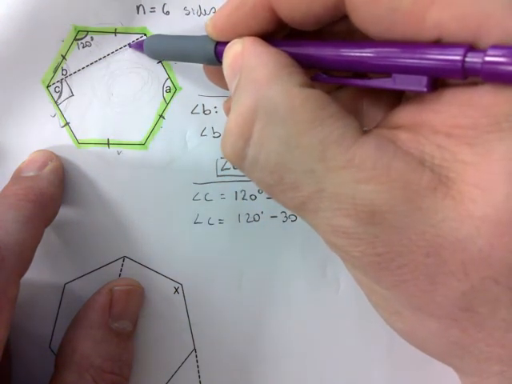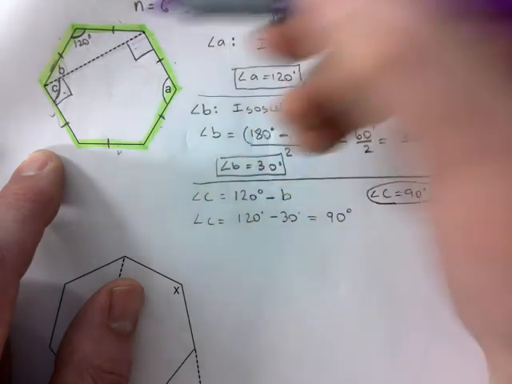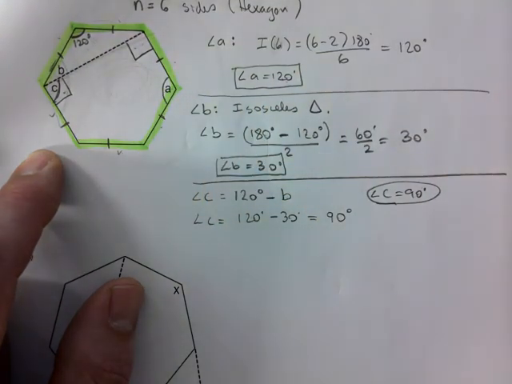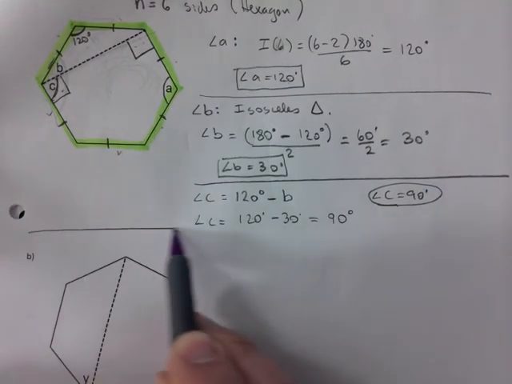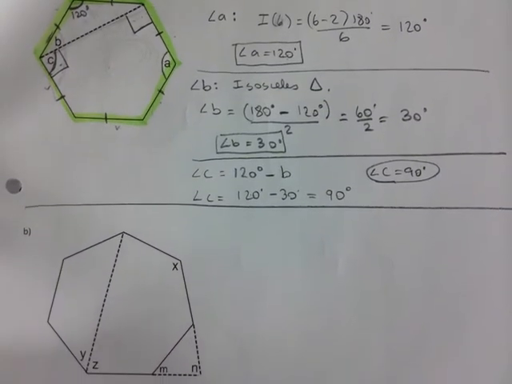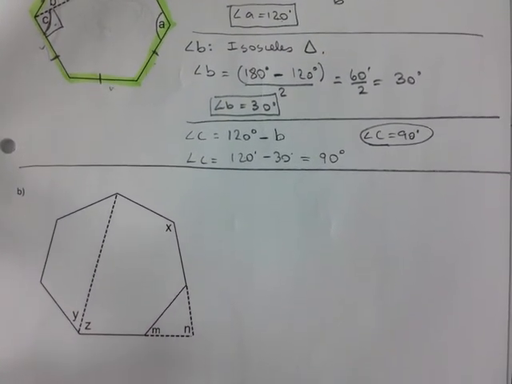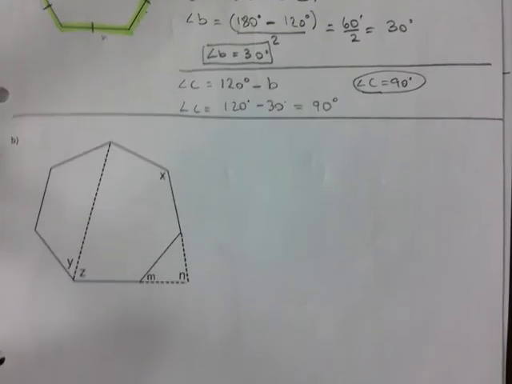If it's an isosceles pentagon, we also know that this will now be 90. These are two 90s. And so there you have it. Okay, cut this. Let's try one that is probably going to be a bit more challenging here.